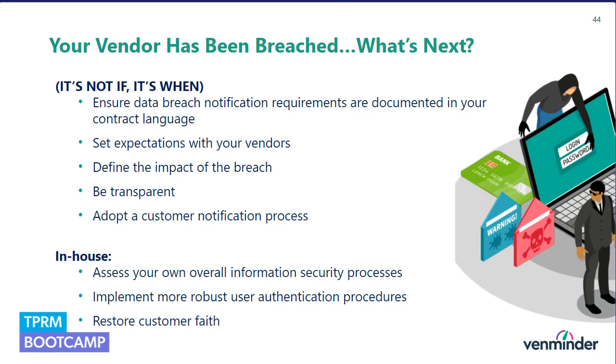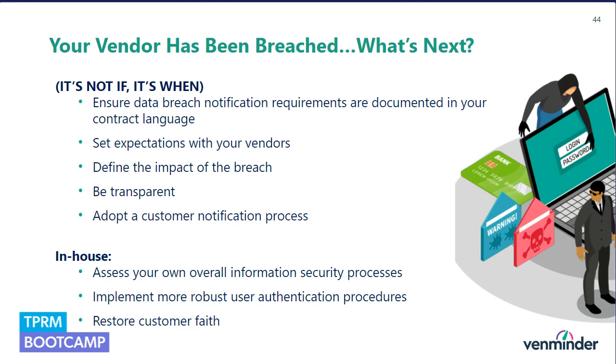So what if your vendor is breached? Then what's next? Proactively, you want to ensure that data breach notification requirements are documented in your contract language. You want to ensure that you have set expectations with your vendor. If the breach originated from your vendor, then you're going to want to perform deep audit testing after.